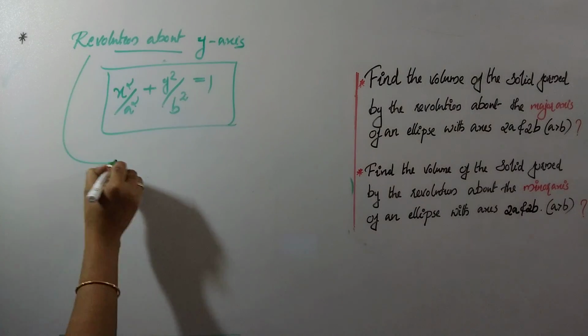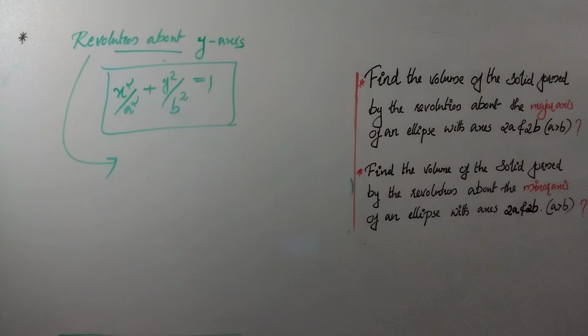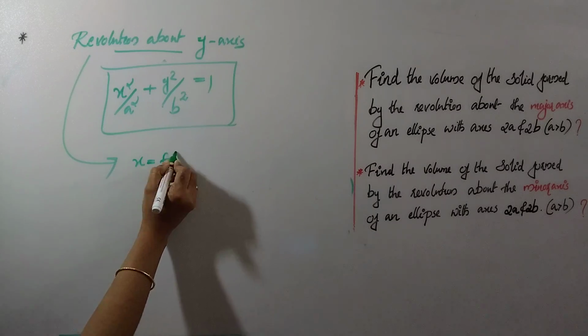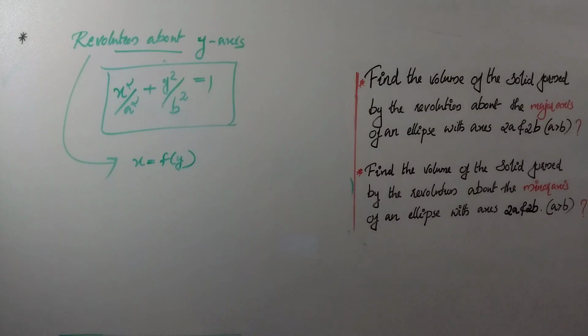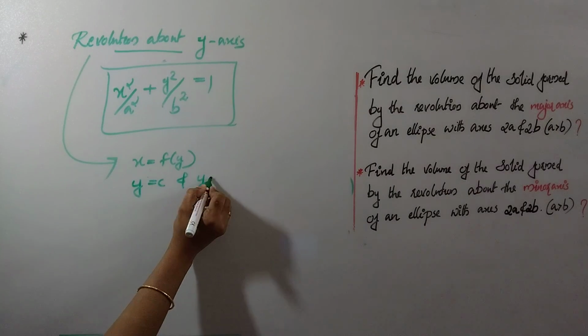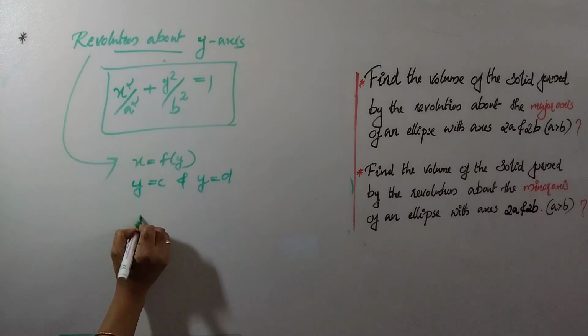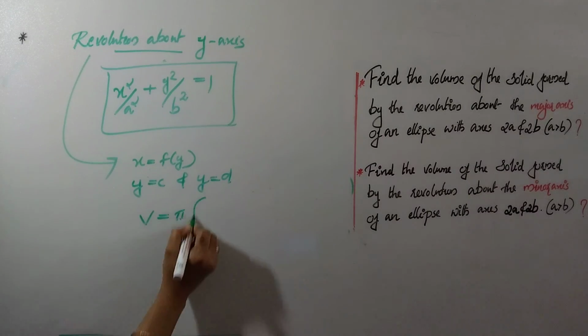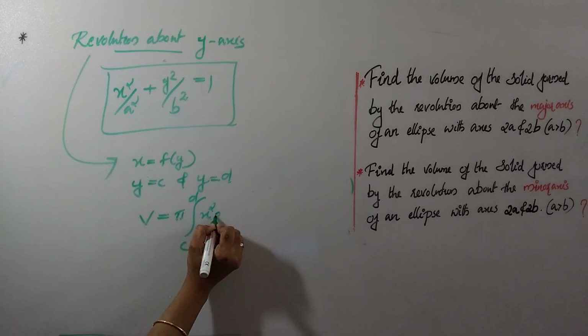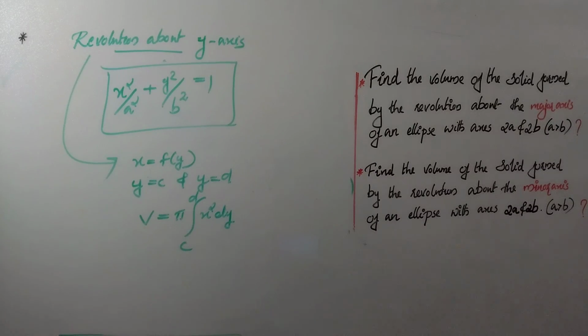If the revolution is about y axis, the volume of solid generated by the revolution of the area between the curve x is equal to f of y, the y axis, and two abscissas at the point y is equal to c and y is equal to d is given by v is equal to pi into integral c to d x square dy.